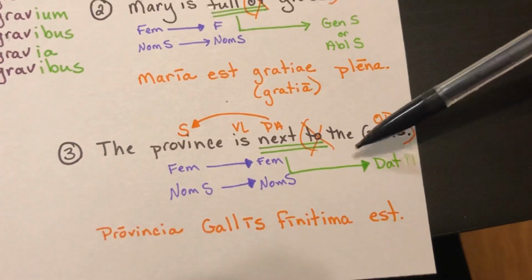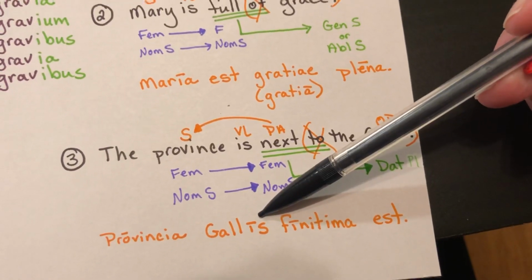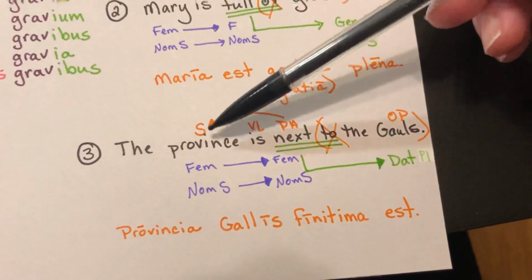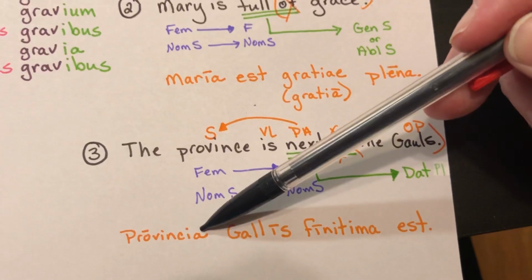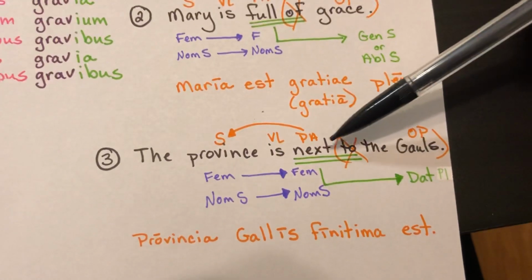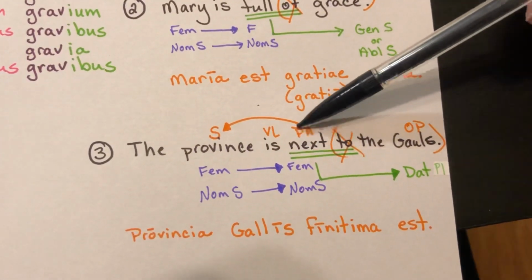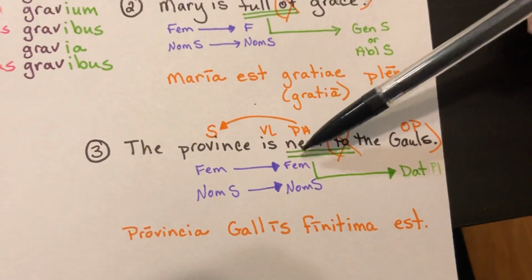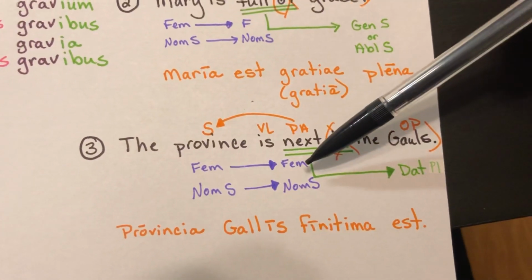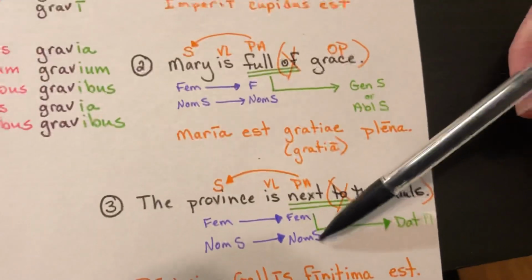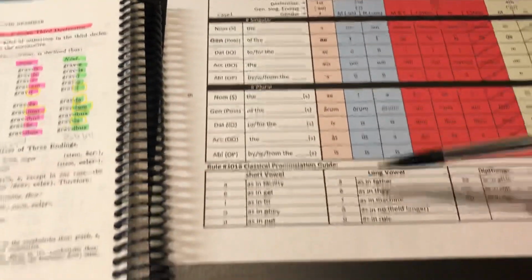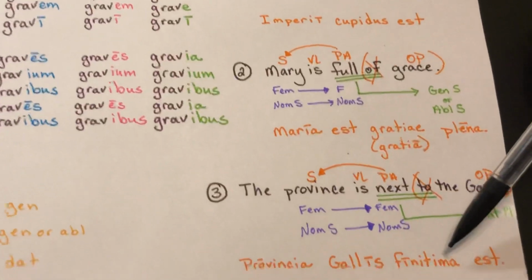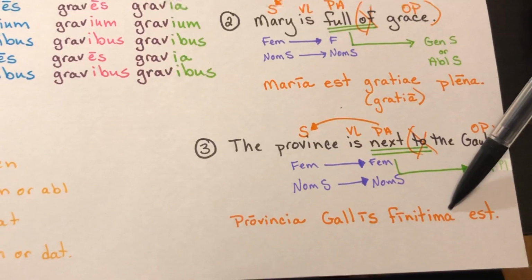So when I find Gauls, there it is, dative plural. Province is feminine and nominative singular, so I'm going to have my nominative singular ending. But because next to is the adjective that points to province, we have to follow those. I'm going to use the feminine nominative singular for next to. Feminine nominative singular is the A. Notice there is the A.